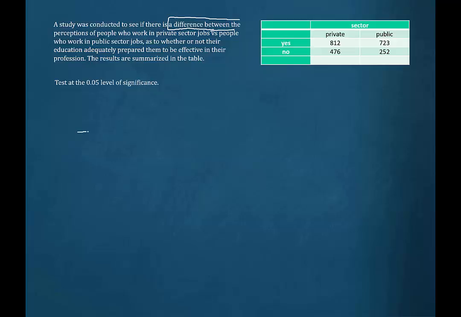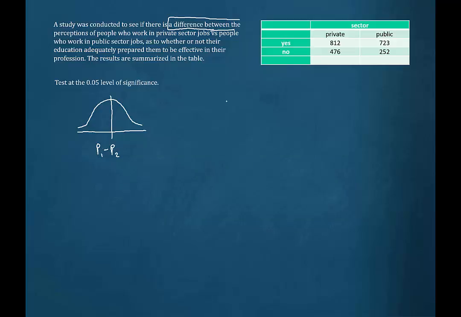So we're supposed to test as to whether or not there is a difference in the proportion of people in the public sector who think they were adequately prepared versus the people in the private sector who think they were adequately prepared. So what we would want to do is assign one group the number 1.